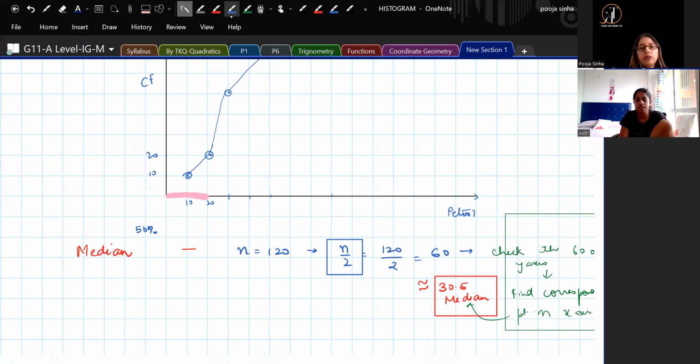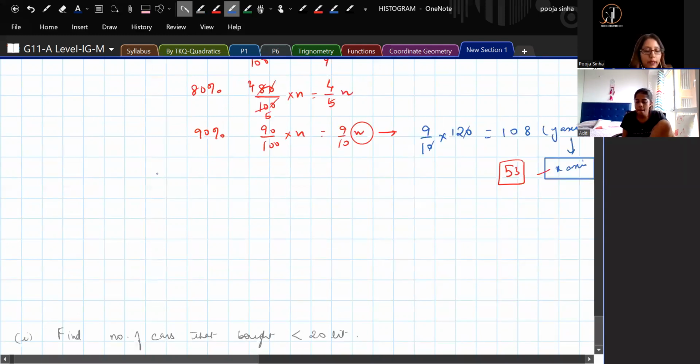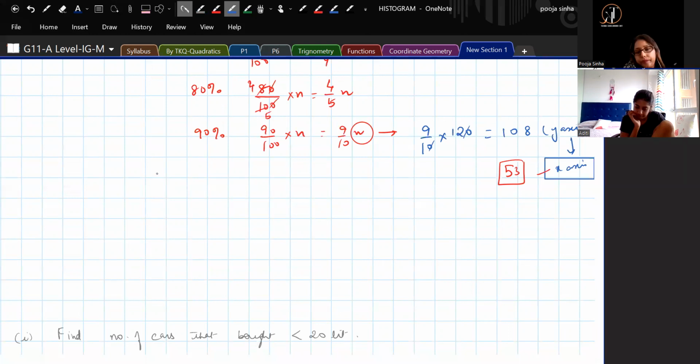So what we are going to do is find the corresponding value wherever it comes out here. That is the value you have to tell me: how many cars are buying less than 20 liters. Is that clear? Yeah, I got it. So it will be 22.